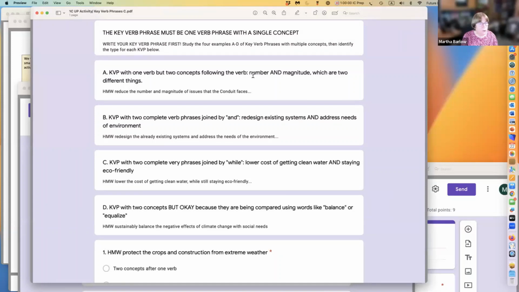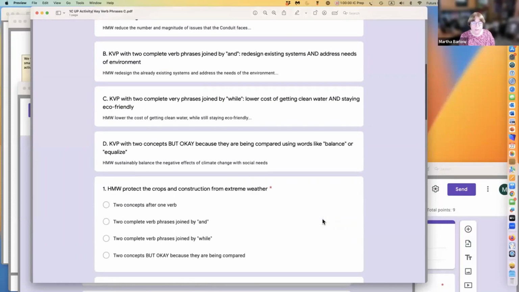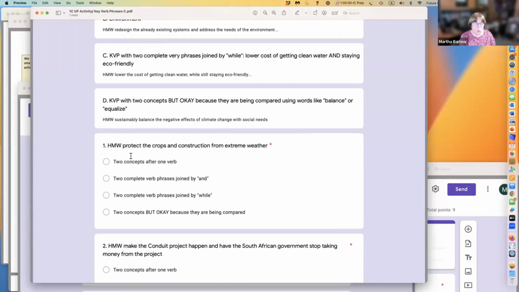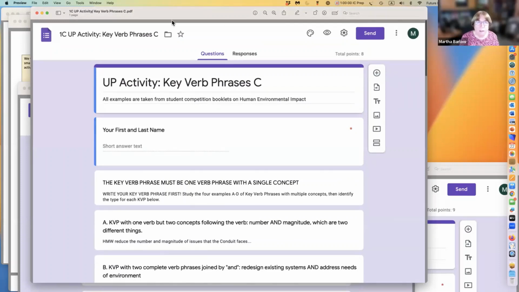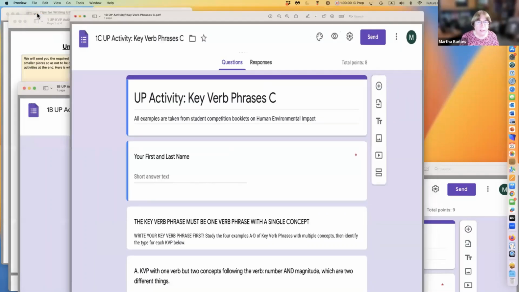One verb, but two concepts after that, two complete verb phrases, two complete phrases joined by while, or two concepts, but it's okay because they're being compared with words like balance or equalize. So for each one, they say which is it. And that gives you some good talking points with the kids.